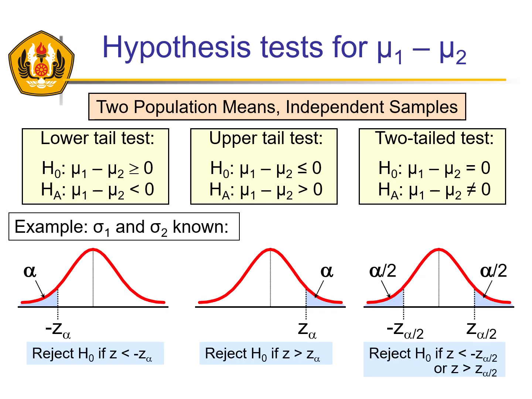So the hypothesis testing for mu1 minus mu2, according to the type of the test, will look like this.